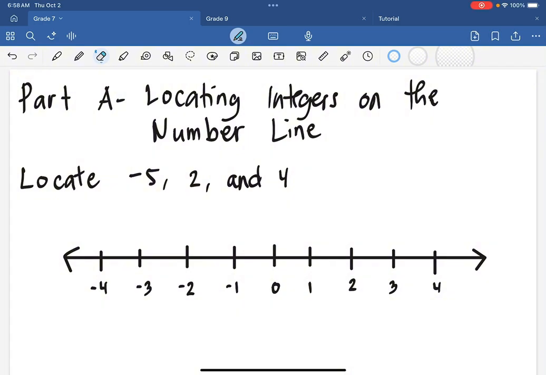So I'll just erase part of this here and extend our number line. Now we have negative 5. So it's easy for us to shade or label this time. So I have here negative 5, and 2, and 4.